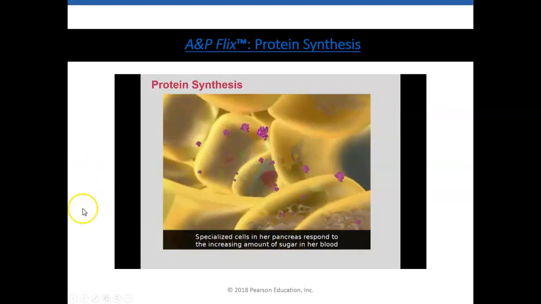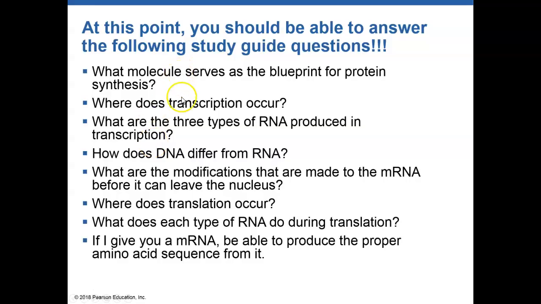At this point, you can stop this video and watch this animation on protein synthesis. It's an excellent animation. And then come back and you should be able to answer the following questions about protein synthesis in a nutshell.